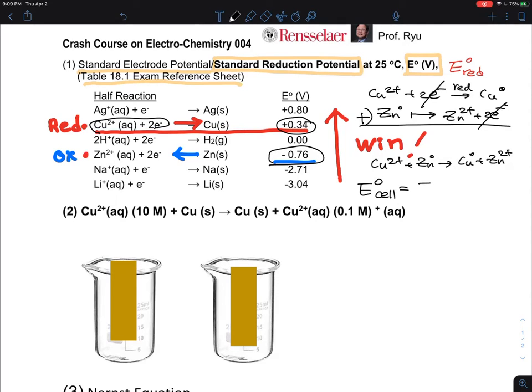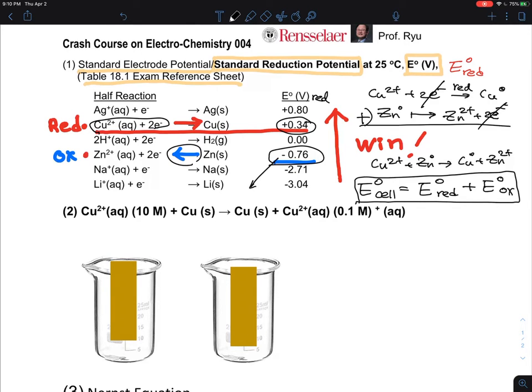That will be, I'm using the notation as reduction plus oxidation. Some people use this notation, some people do not use the other way, but I like to use this way. What I mean is this one is a reduction potential, right?